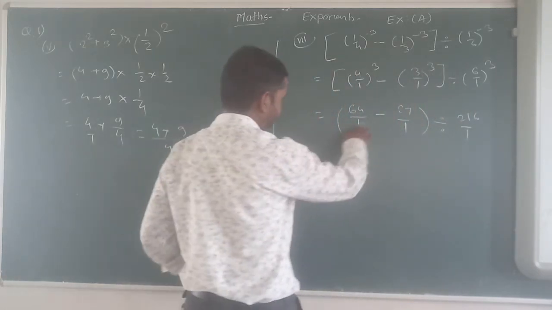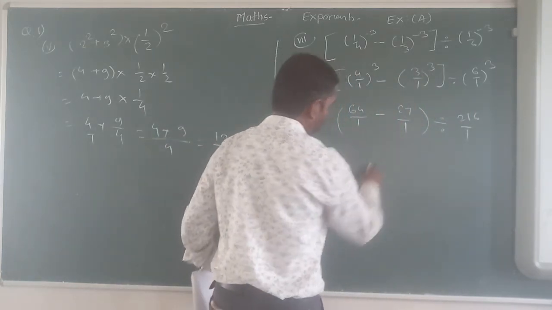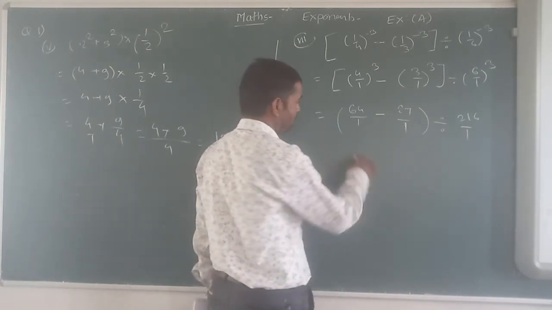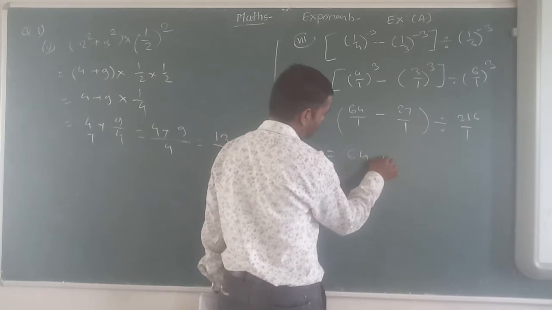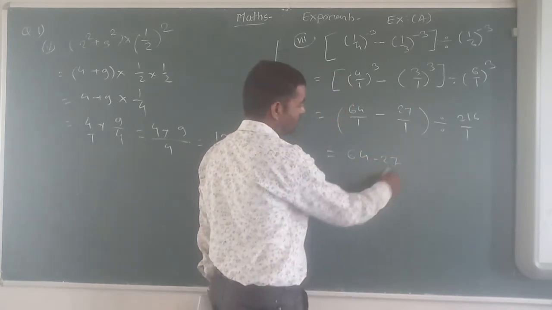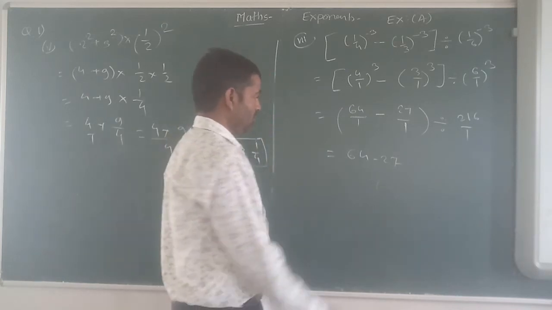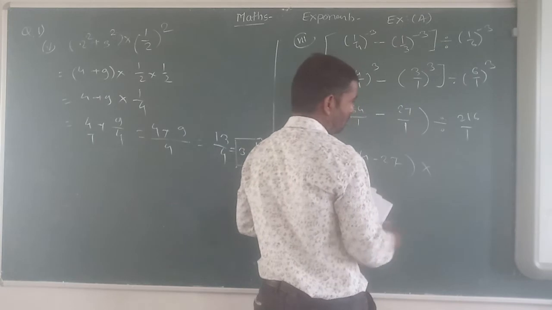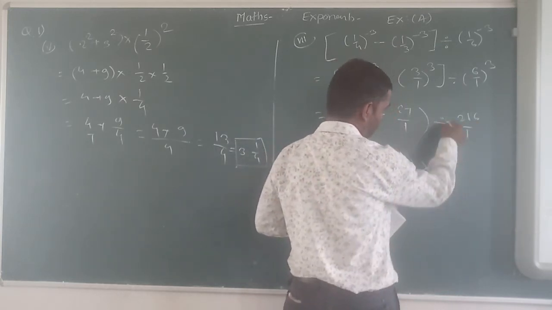Now here, divide, denominator is 1, so don't worry about that denominator. So that means 64 minus 27. Denominator is 1, so no need to write down the denominator. Into, here we will take the reciprocal.